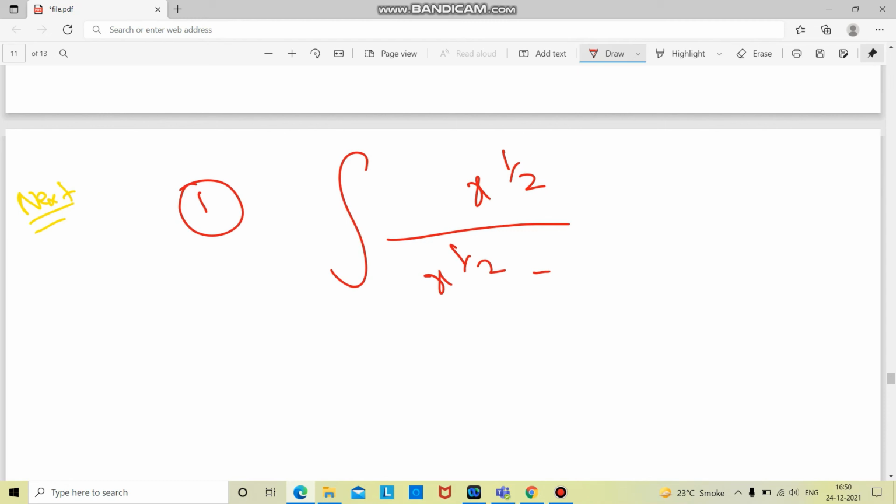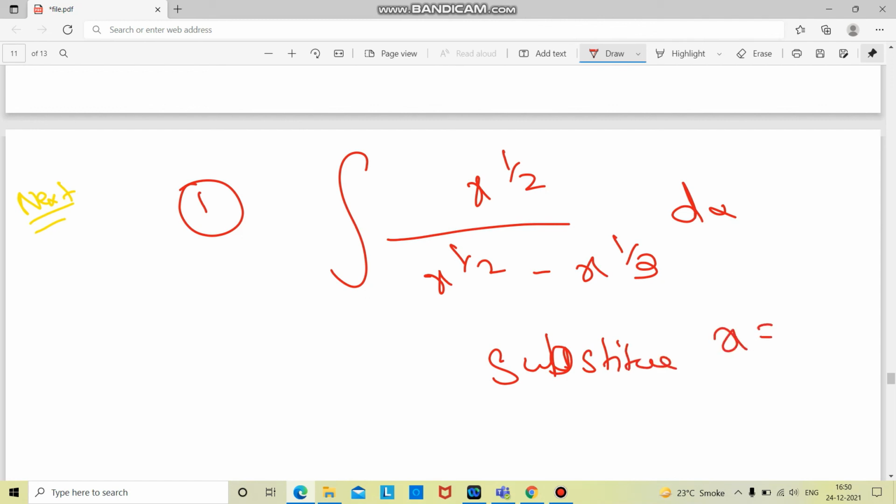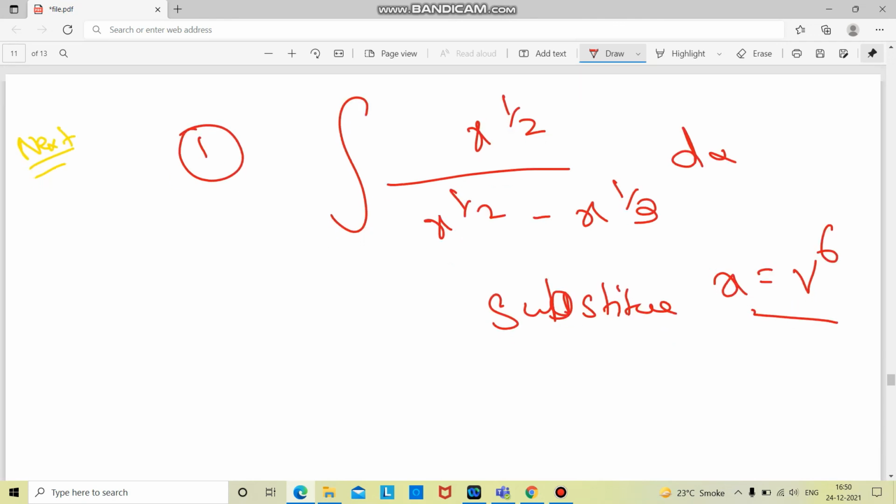This question is integration x to the power half, x to the power half minus x to the power minus 3 dx. This is a question in which you can substitute x as v to the power 6, and you can solve.